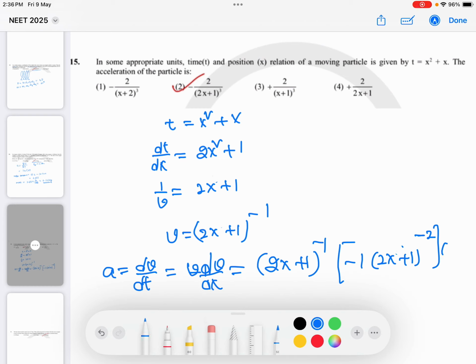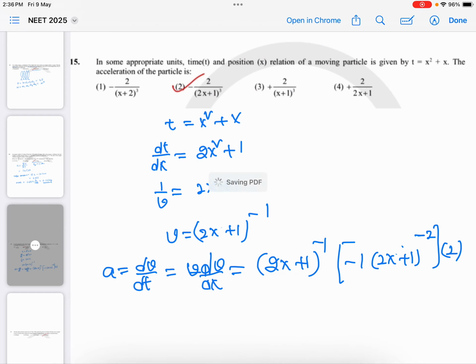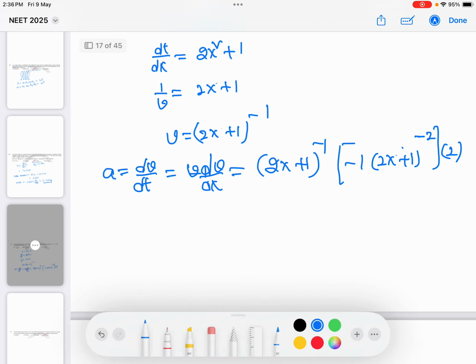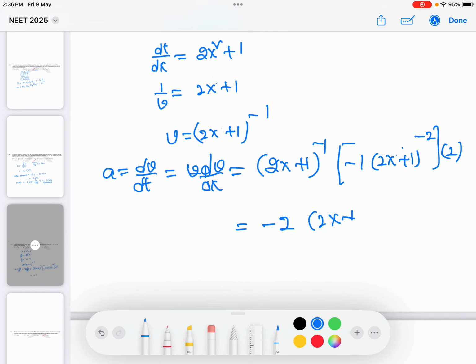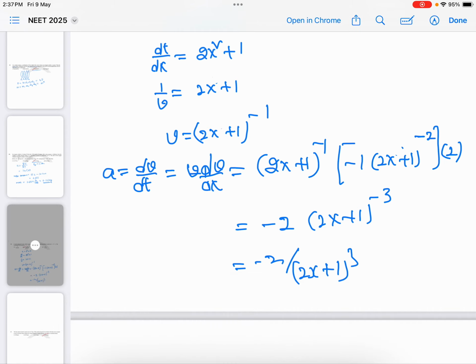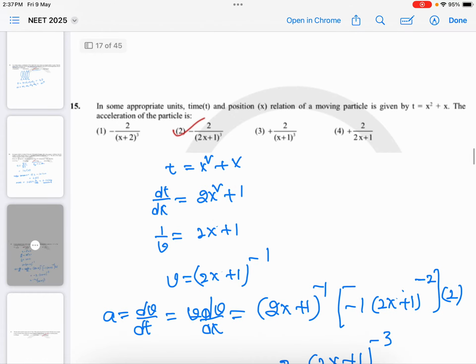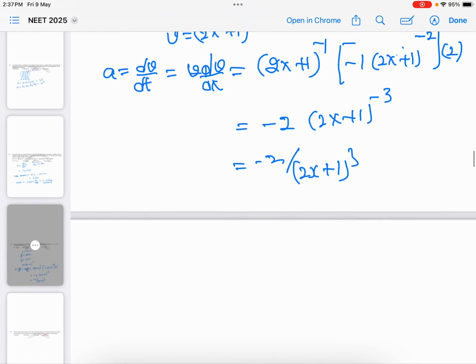So again differentiating, we get the answer minus 1 into 2 into 2x plus 1 whole power minus 1 minus 2. So the answer is minus 2 divided by 2x plus 1 whole power 3. That is the right answer. According to your question, option number 2 is there.